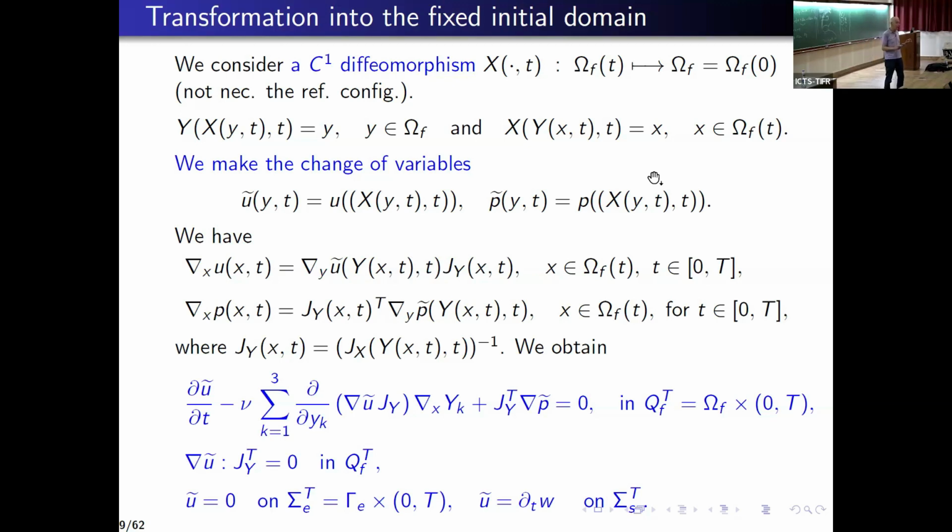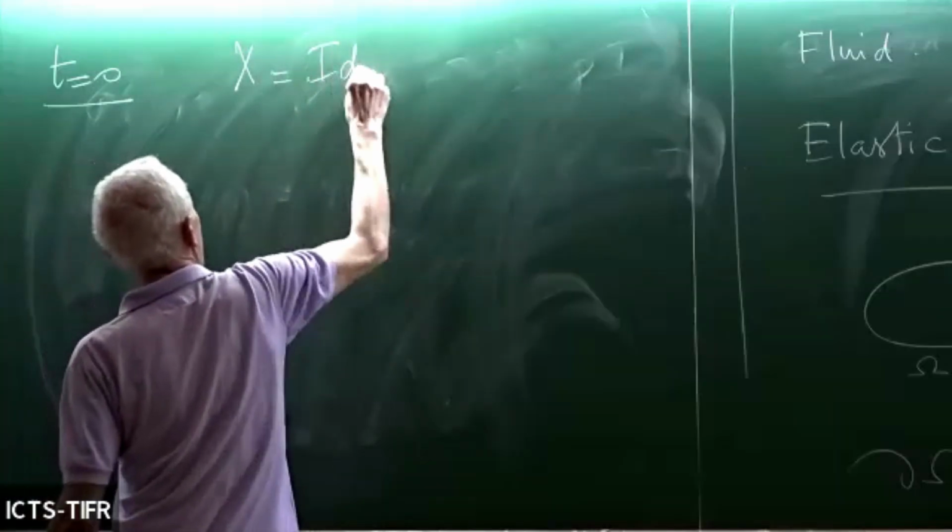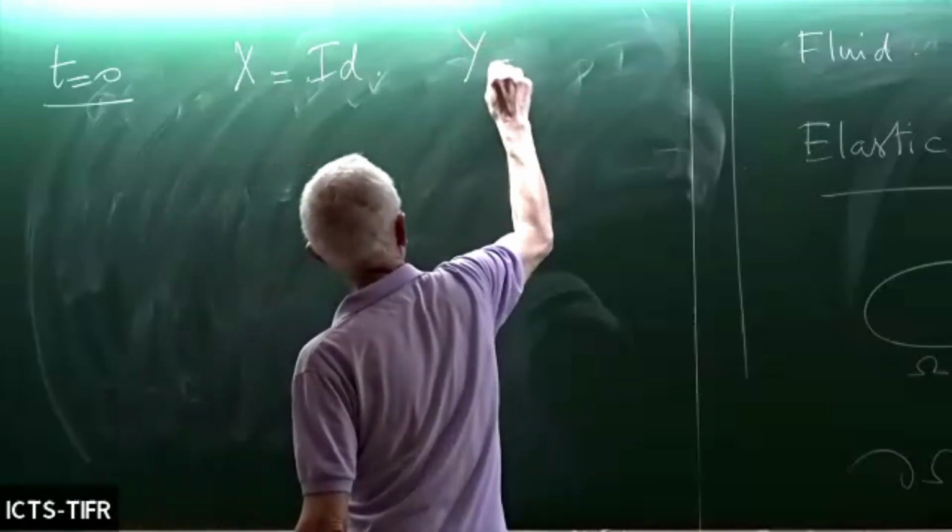Okay, how am I going to prove some existence result? I have to say that at time t equal to 0, x is the identity, and so y is also the identity.